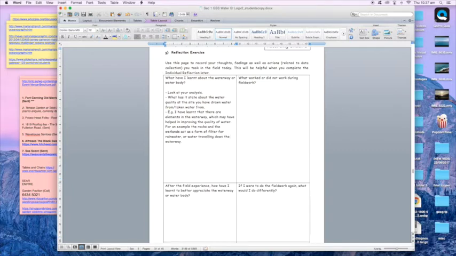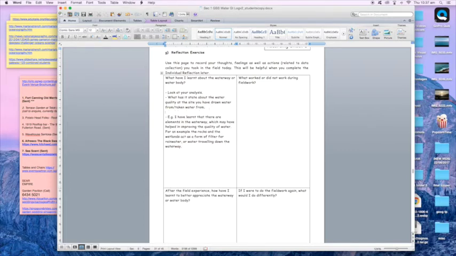Okay, this is just an example. I'm saying this is based on the second part, where this is what have I learned about the waterway, right?